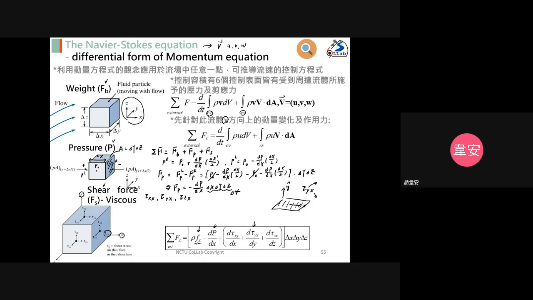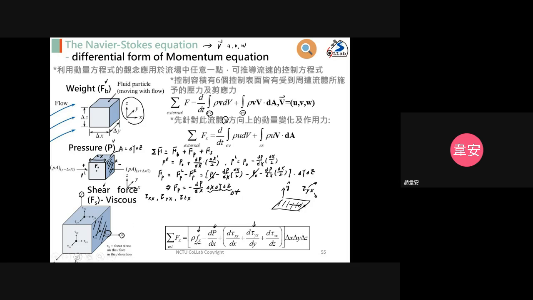And so that's why on the right surface here, we call it tau xx, because the normal vector of this surface is in the x direction, and the force also acts on this surface in the x direction.